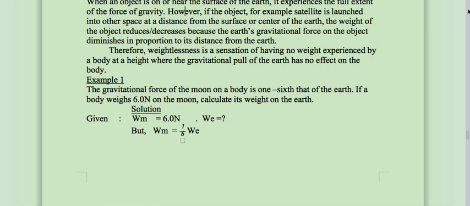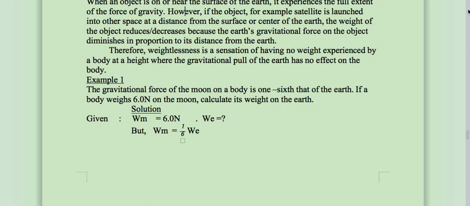Example 1. The gravitational force of the moon on a body is 1/6 of that of the Earth. If a body weighs 6.0 Newton on the moon, calculate its weight on the Earth.